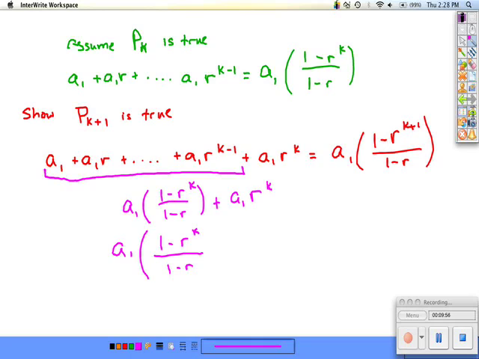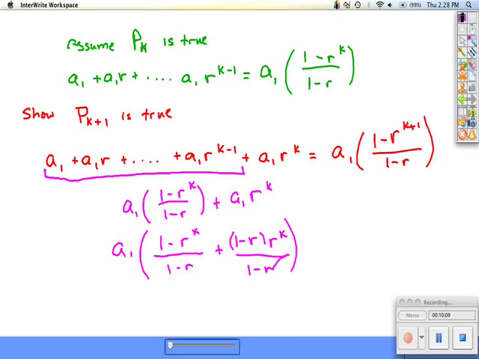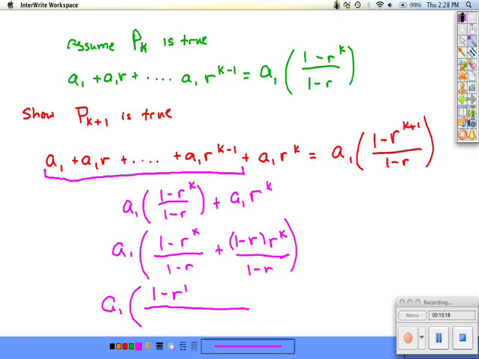And we're going to need a common denominator in here of 1 minus r. Now we distribute and combine into one fraction.